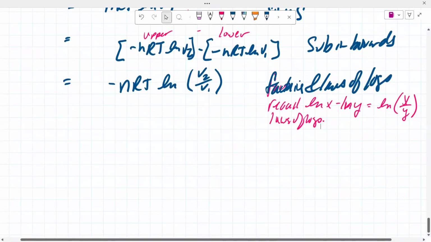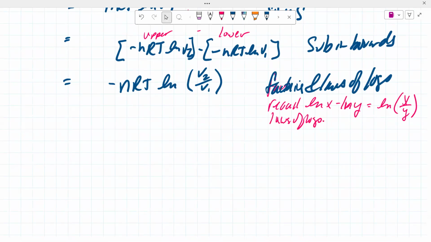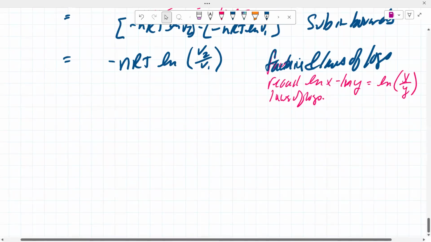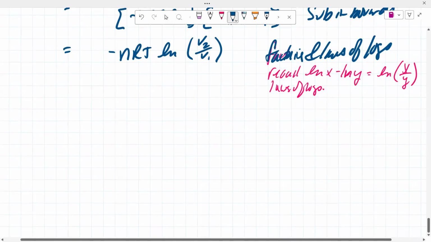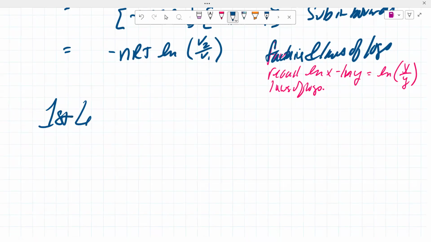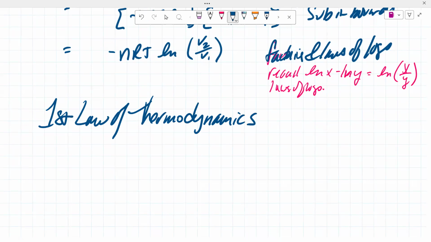So this brings us to the first law of thermodynamics. Kind of an important topic. Energy is a state function.